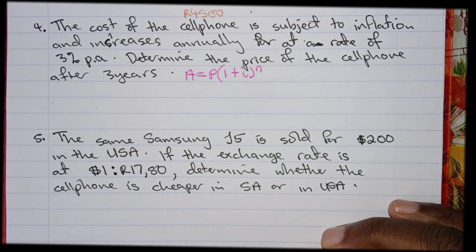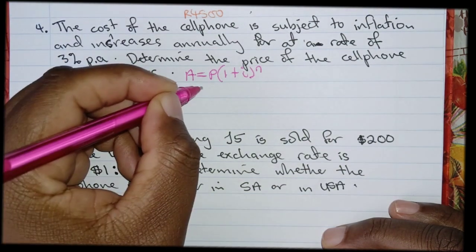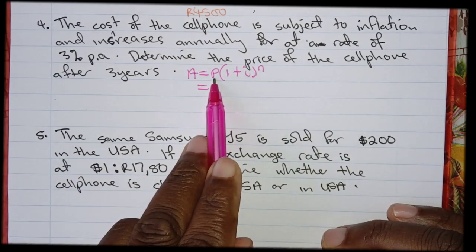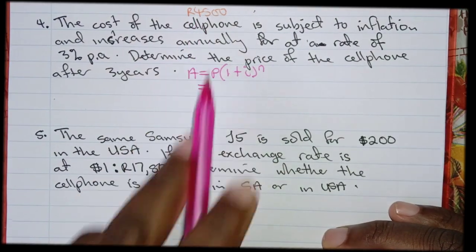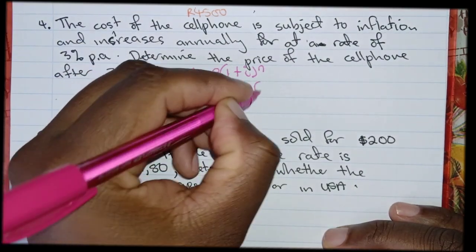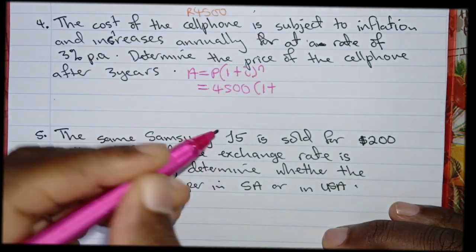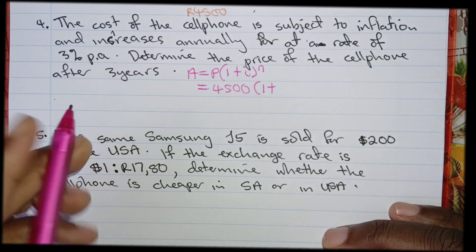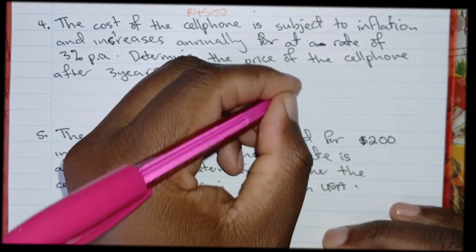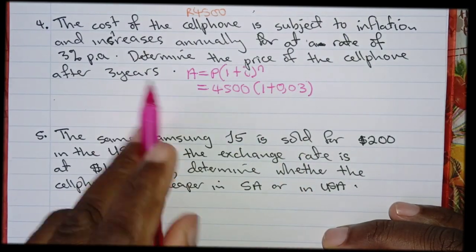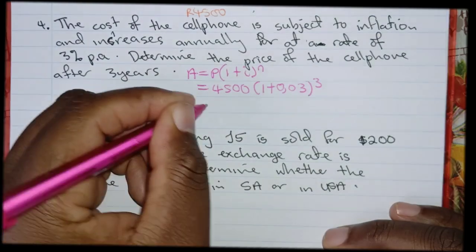So the price after 3 years would be equal to, our P would be the initial price, that is the price now, 4,500 multiplied by the bracket of 1 plus our I is the interest rate, 3%, that is 3 over 100, which I want to write as 0.03. And then to the power of n, your n is 3 years. So that is to the power of 3.